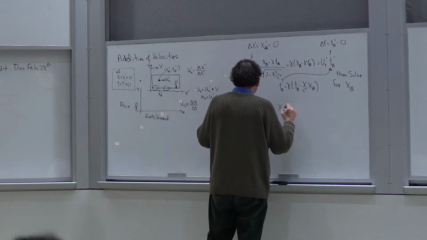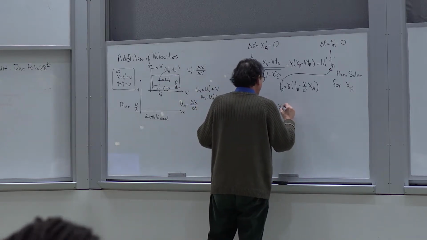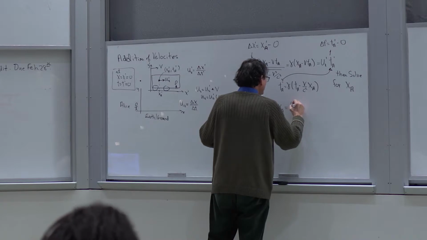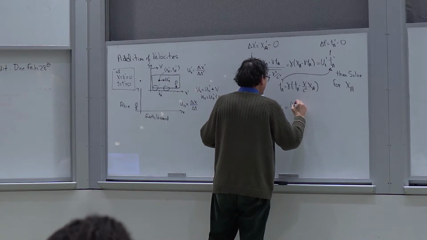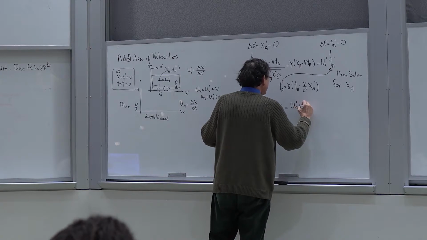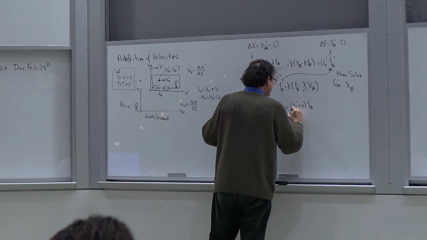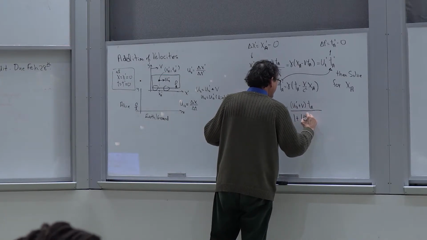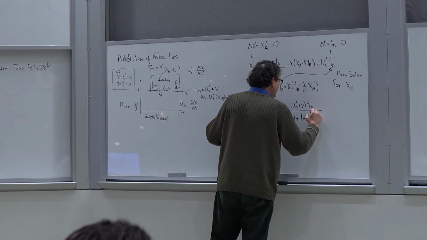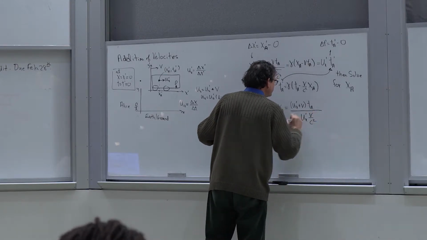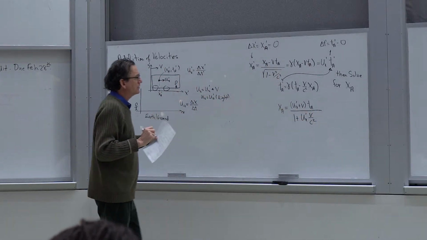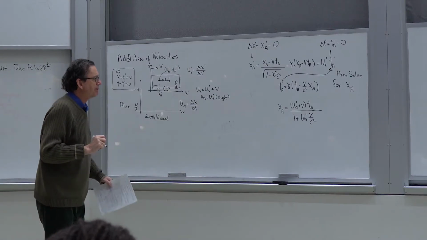X sub a is equal to ux prime, that's the velocity of the particle in the prime system, plus v, times t sub a, divided by 1 plus ux prime times v over c squared. Okay? That's what I get.